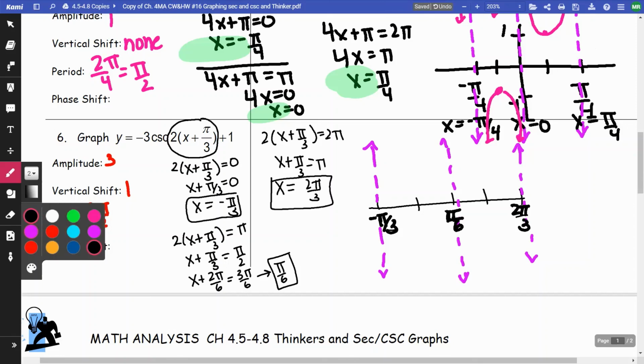So for this, halfway in between, well, let me just draw this. In between pi sixths and negative pi thirds, pi sixths is closer to the y-axis. So it's more than halfway.